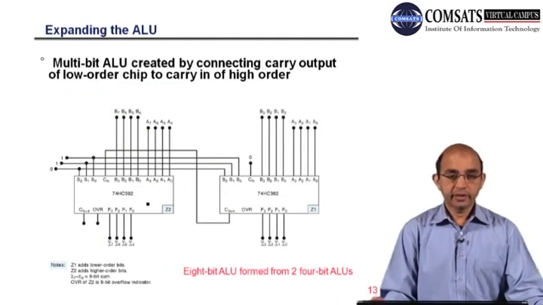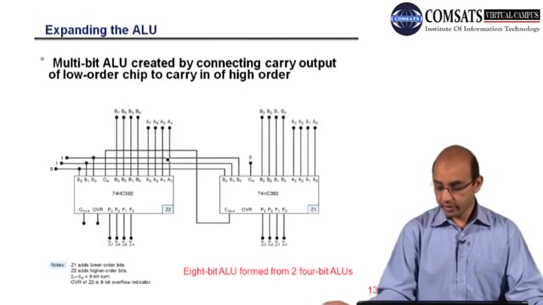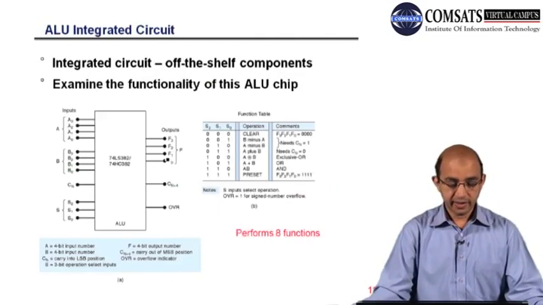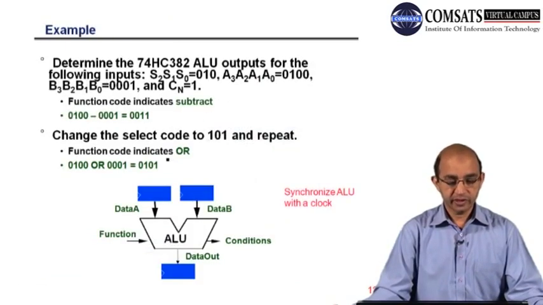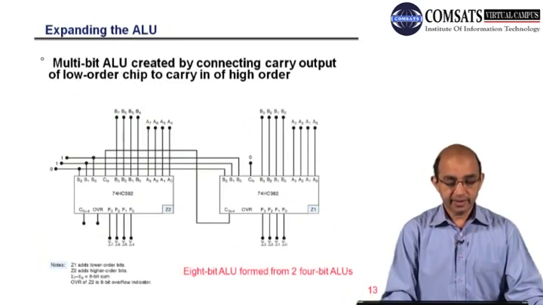So here is the extension of that ALU. If I want to extend this ALU so I can handle more bits, bigger numbers, numbers that have more bits, obviously I need to extend that ALU.